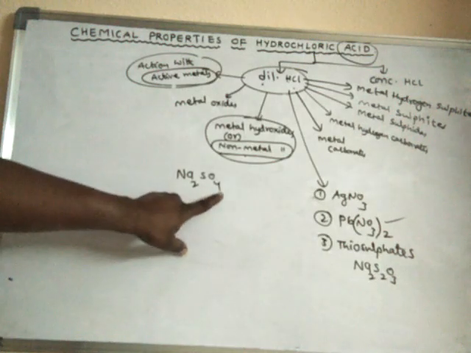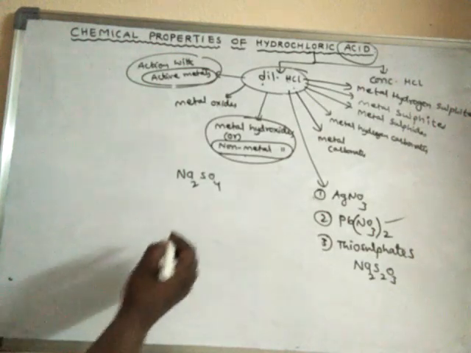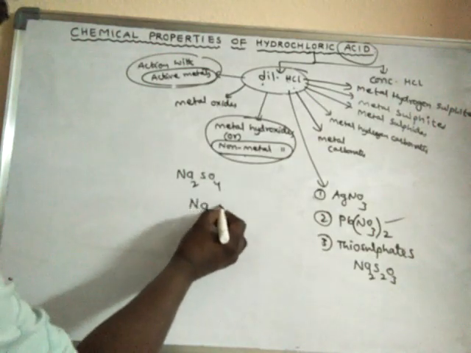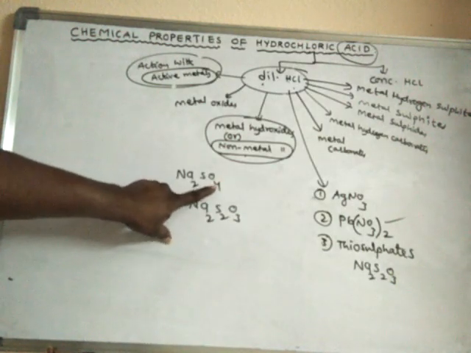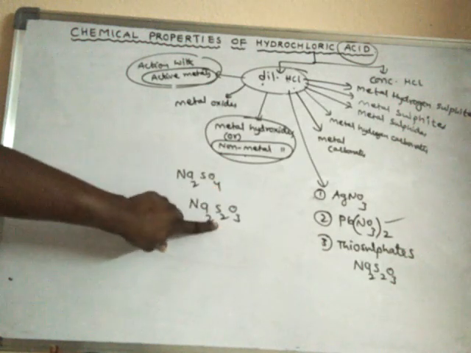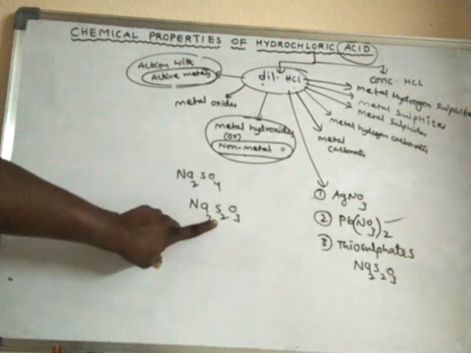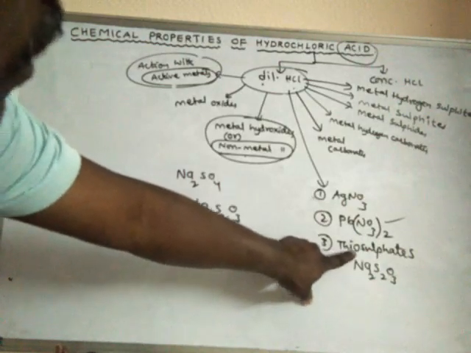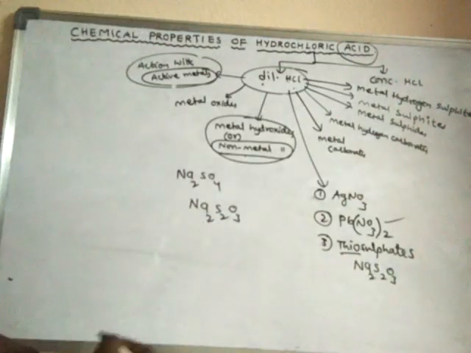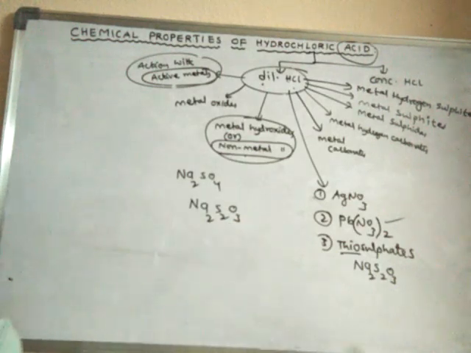So if one oxygen is replaced by one sulfur, it becomes Na2S2O3. That means we have to remove one oxygen and add one sulfur. So now it becomes sodium thiosulfate. Thio means additionally one sulfur is present, hence it is called thio. Thio means sulfur. So this is the formula of sodium thiosulfate.